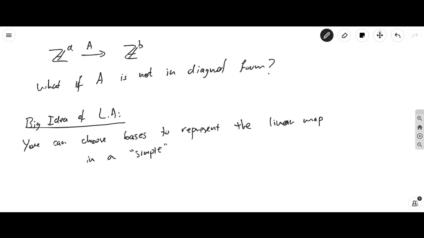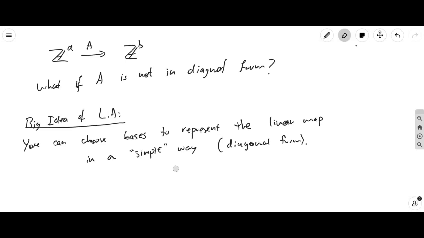And in the simple way basically means in diagonal form. The way a matrix comes up is when you choose bases. That's basically how matrices come up. The point of the matrix is to tell you how one set of basis vectors from one space get transferred over to different basis elements in the other space.